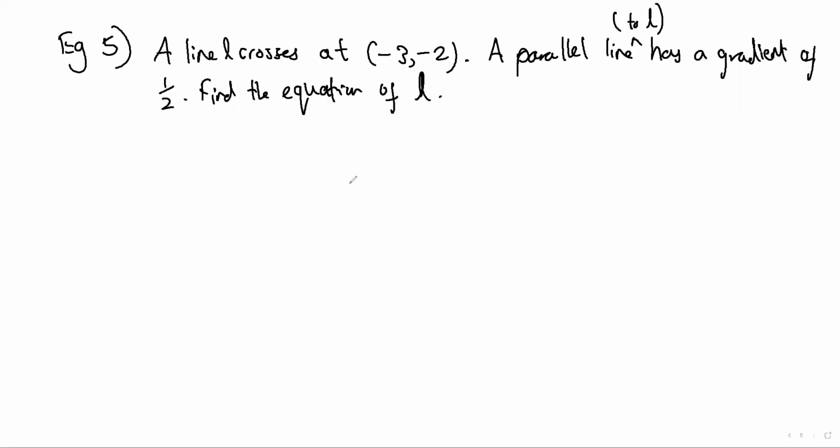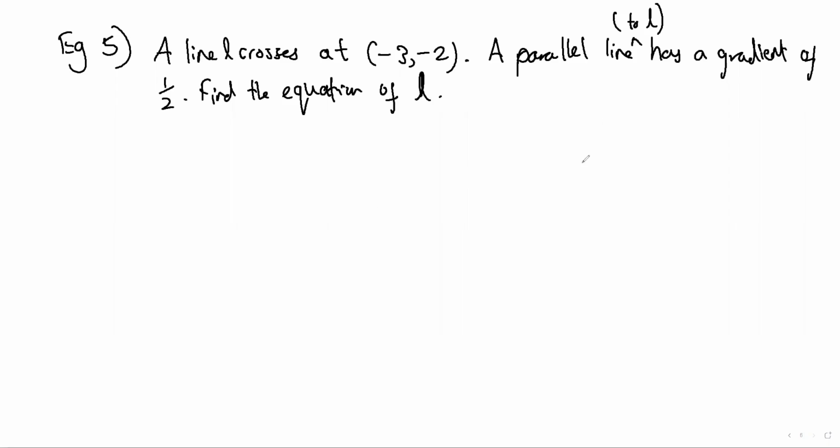All right, so in this example, we have that a line L goes through the point -3, -2. And then we have a parallel line to L that has a gradient of a half. So we need to find the equation of L. Before we had 2 coordinates, and that's what we used to find the equation, but now we only have 1 coordinate.